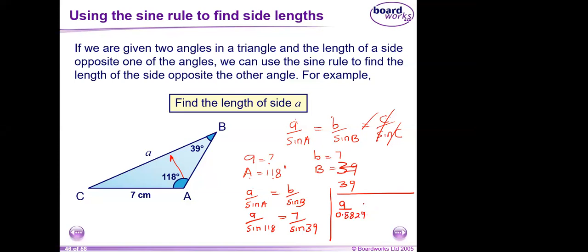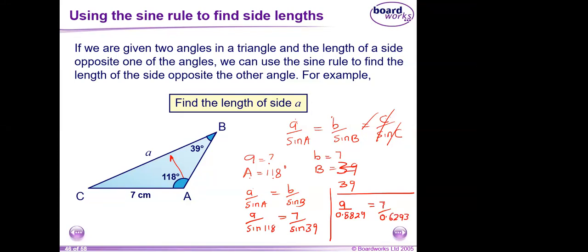0.8829. Here you first write to 4 decimal places for accuracy purposes. Okay. Divide 7 out of what is sine 39? 0.6293.